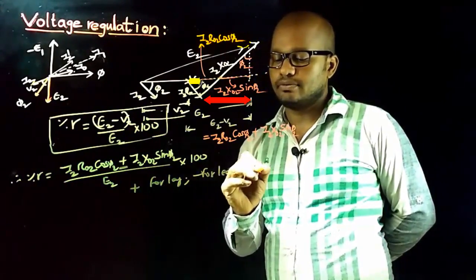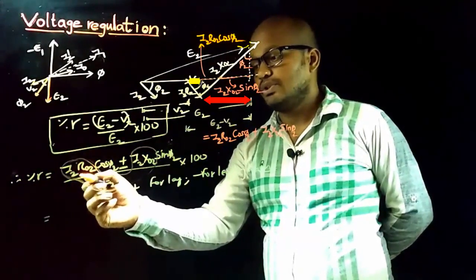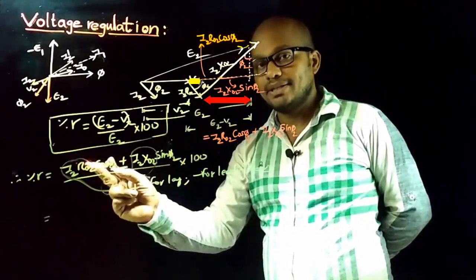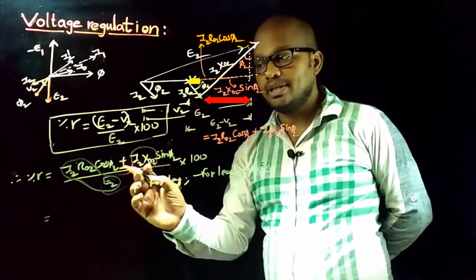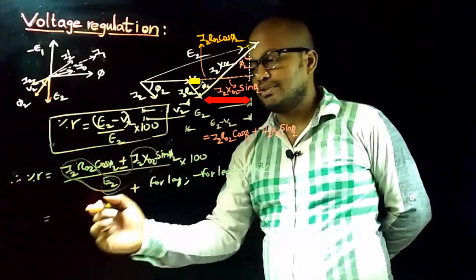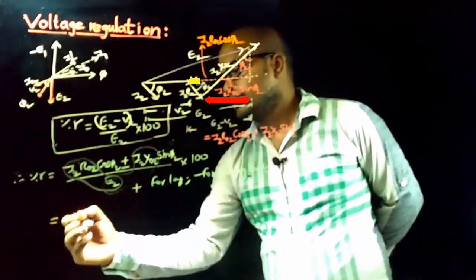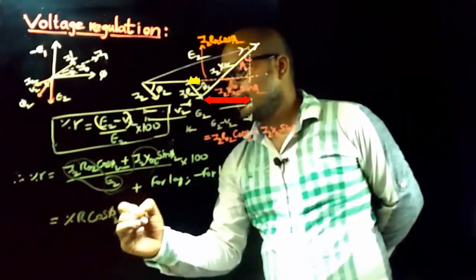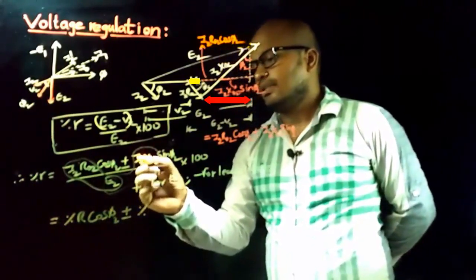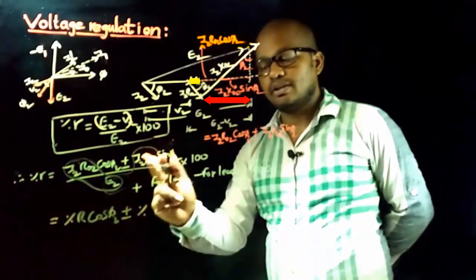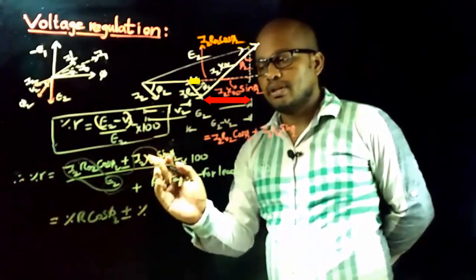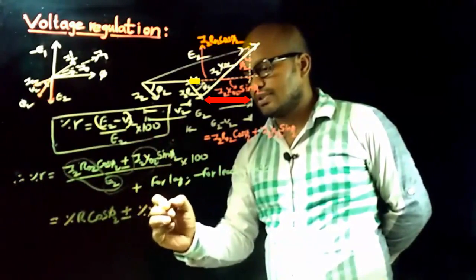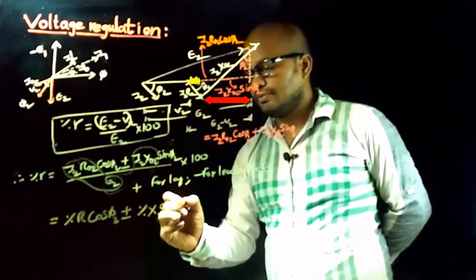If you observe, I2 R02 by E2 into 100 represents the percentage resistance drop, and simply it is termed as percentage resistance. So that gives percentage resistance into cos phi 2 plus or minus, and here I2 X02 by E2 into 100 represents the percentage reactance drop, simply termed as percentage reactance, multiplied by sin phi 2.